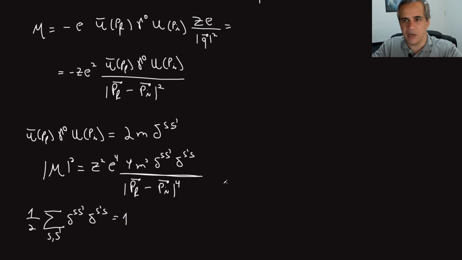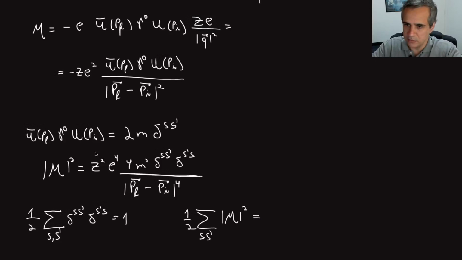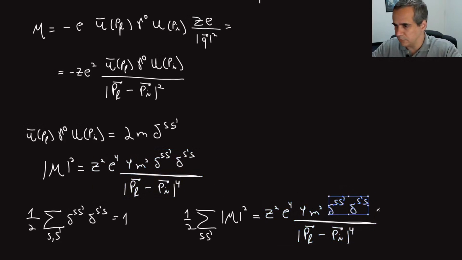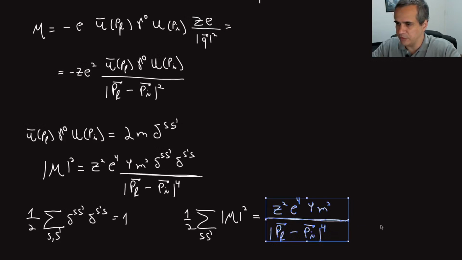So if I don't care about the spin, I just take these spins away and I'm averaging over them. I get this expression without the deltas. So the sum over S prime of modulus of M squared is this. Take this out, move these guys here. The expression gets simpler and simpler.